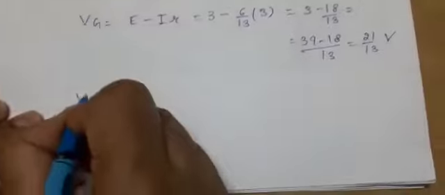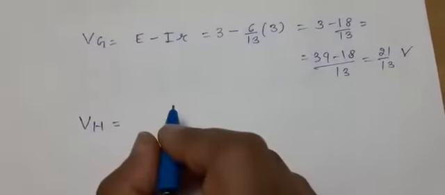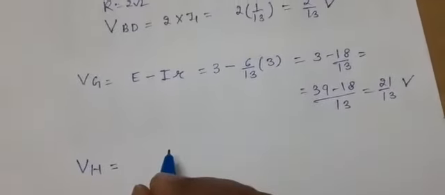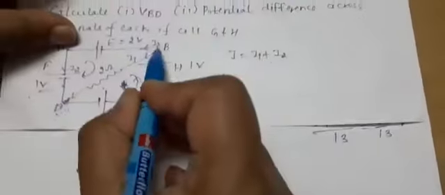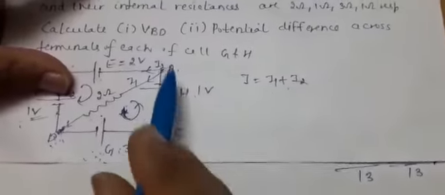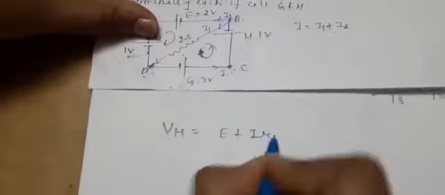Now the potential across the terminals of cell H, as basically G is the main cell, the charger cell. So if we have to find the potential across H, basically the applied EMF will be utilized as EMF plus the potential drop across its internal resistance.